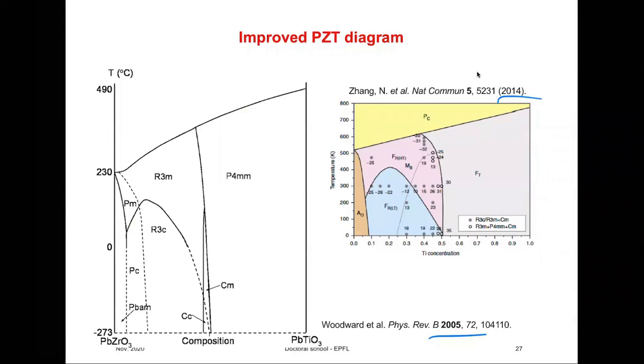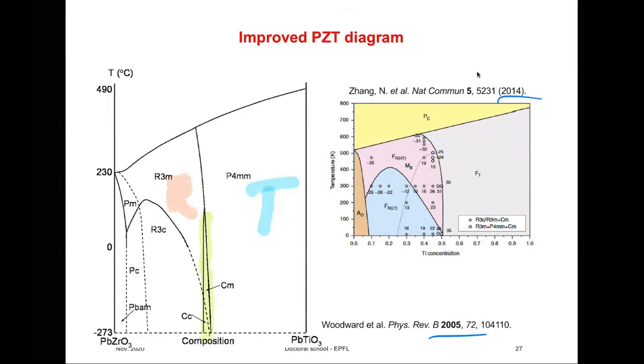So in this phase diagram, you have basically the same tetragonal and rhombohedral phase, but the rhombohedral phase is very rich. There are other phases appearing there, and then there are also some monoclinic phases appearing between, most importantly, the tetragonal and rhombohedral phase.